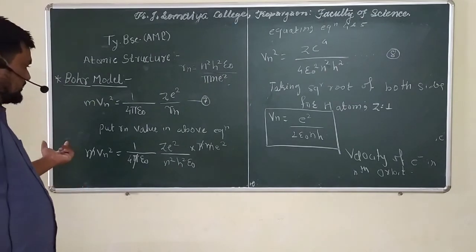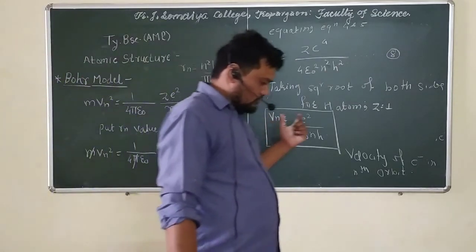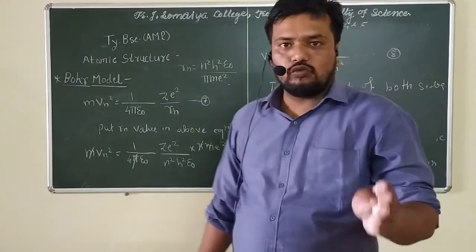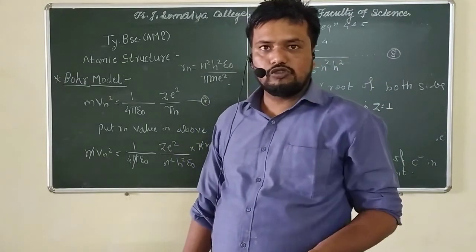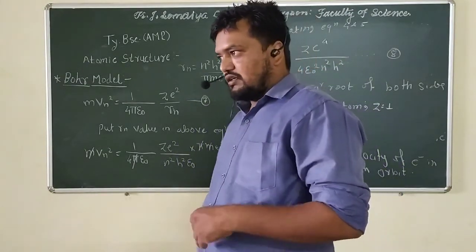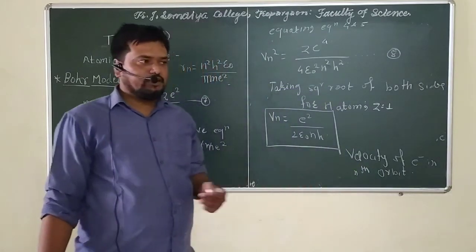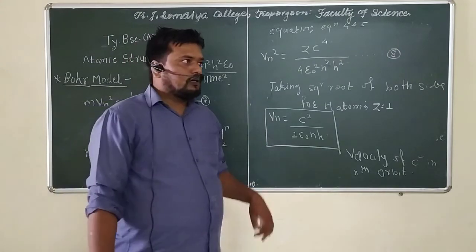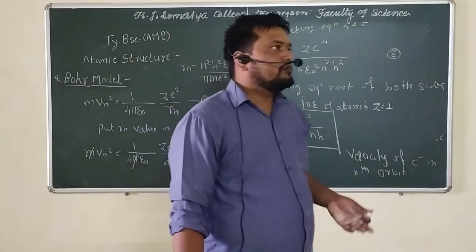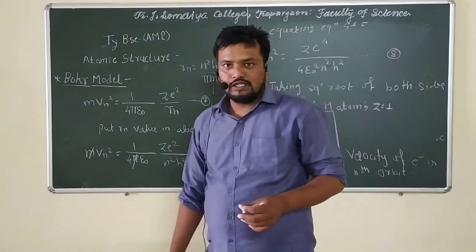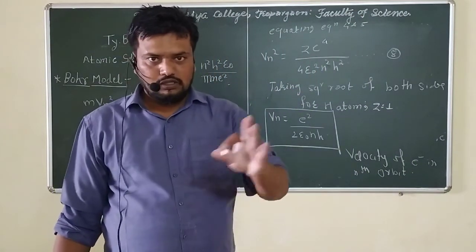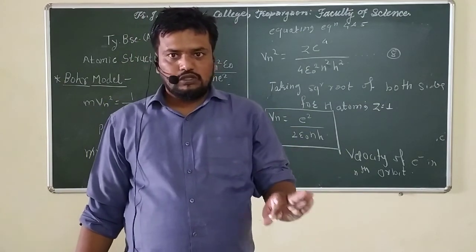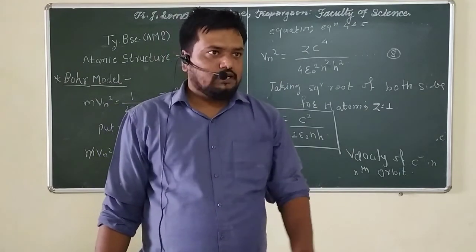To recap, the first postulate is that electrons revolve around the nucleus under the Coulomb's force of attraction. The second postulate is that angular momentum is equal to an integral multiple of h upon 2 pi, and the third postulate is that quantum energy is obtained when an electron jumps from a higher energy orbit to a lower energy orbit, and the frequency is directly proportional to the difference between the two energy states.